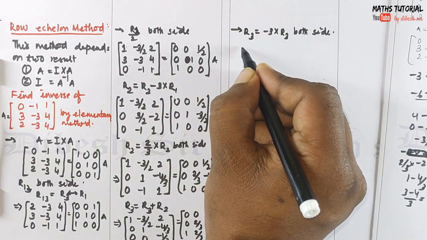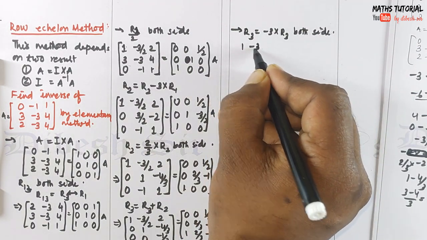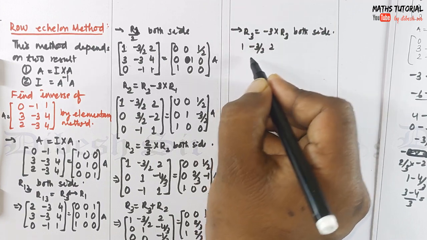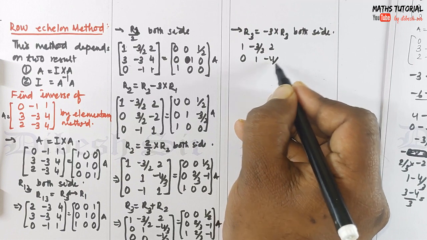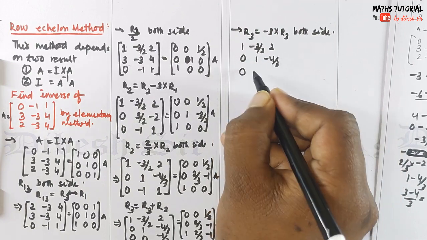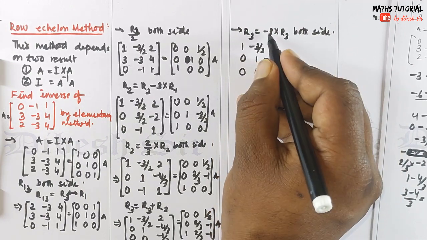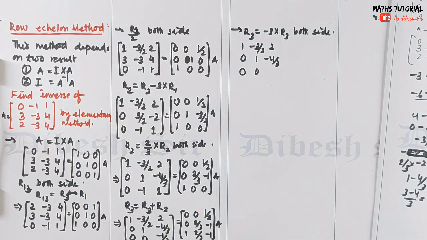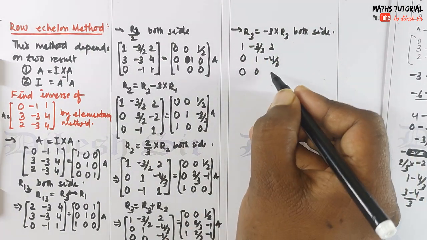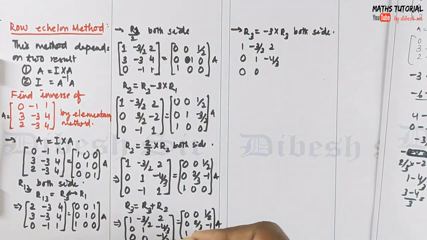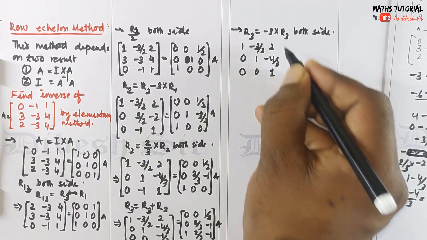So this becomes 1 minus 3 by 2, 2, 0, 1 minus 4 by 3, 0, 0, R3 means minus 3 into R3, minus 3 into 0, 0, minus 3 into 0, 0, minus 3 into minus 1 by 3, that is 1.